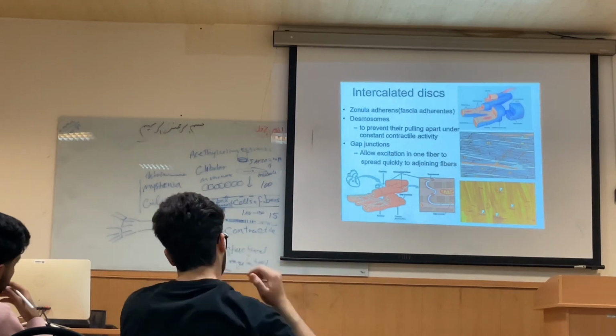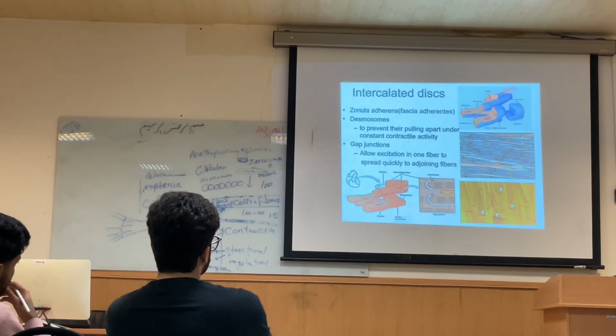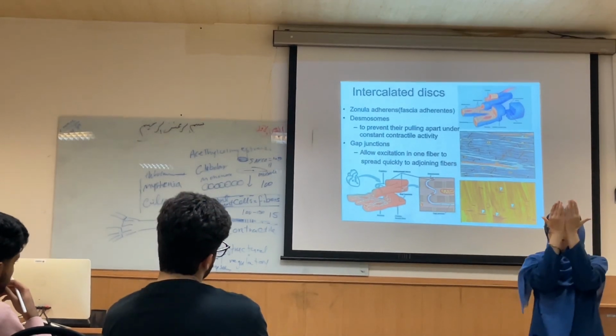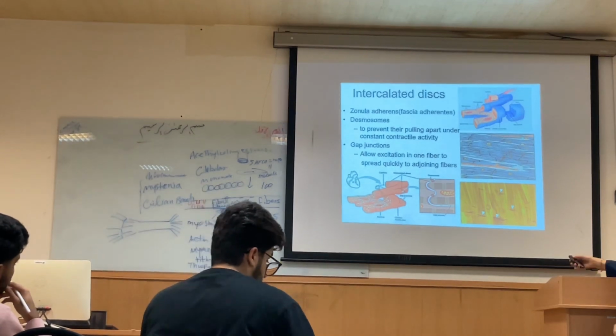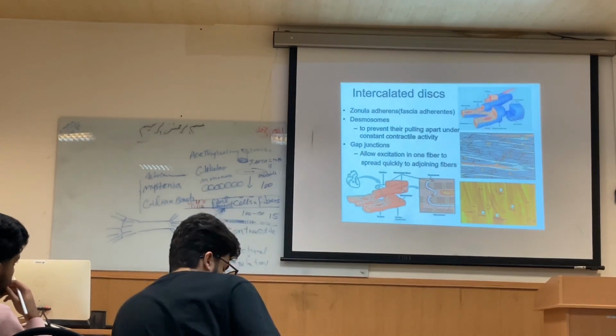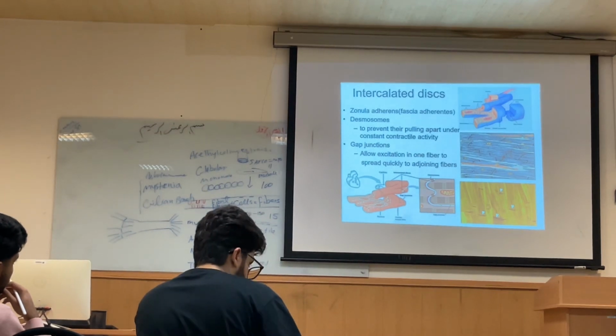Anchoring or adhesive junctions. Yes, for attachment. They act as a glue, attaching two cells together. The zonula structure is like a belt and the desmosome is like a plug, like a button.